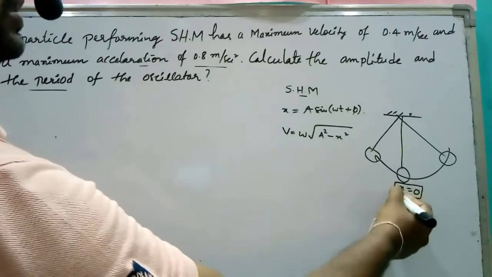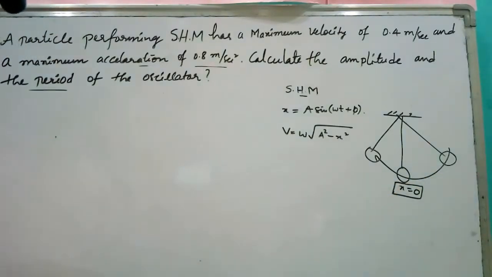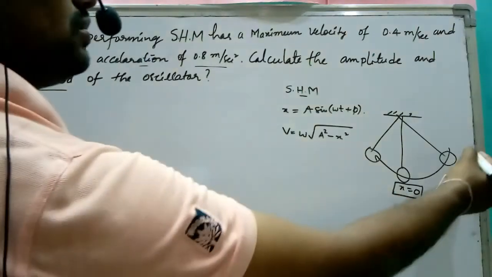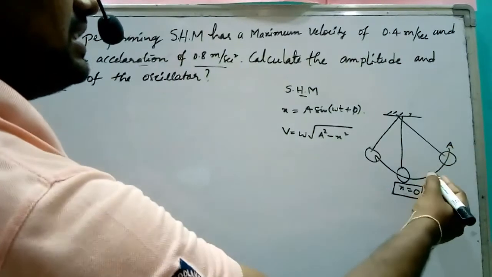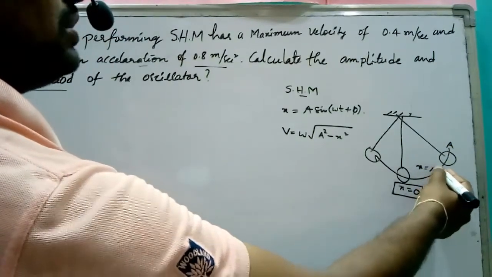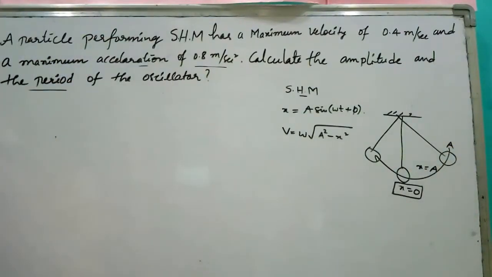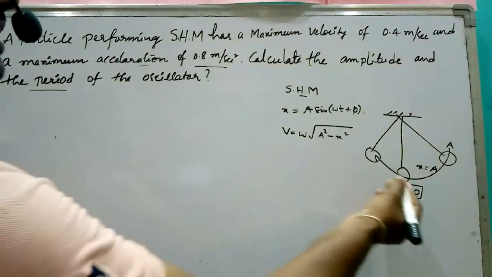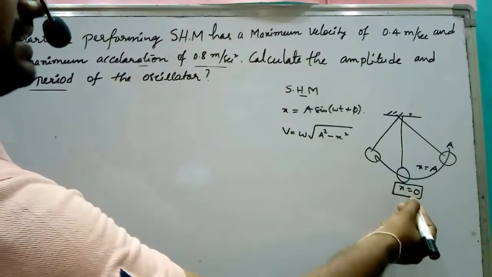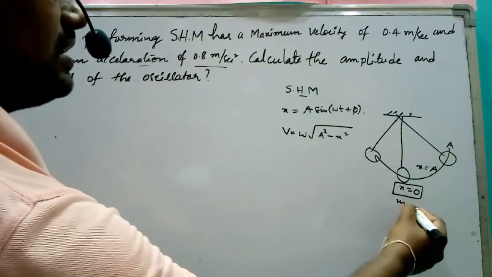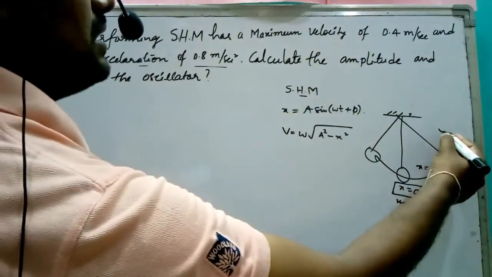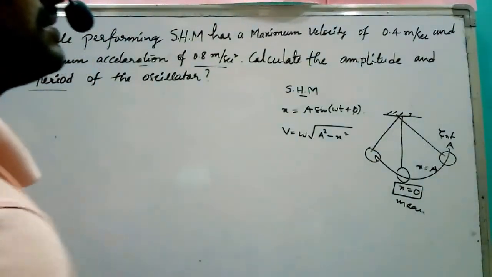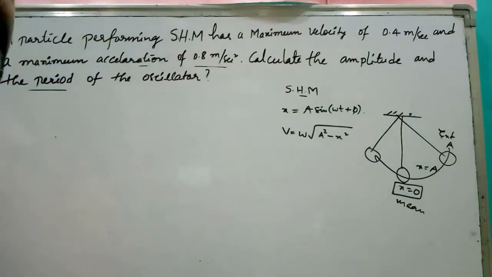When x equal to 0, this position we call the rest position or mean position of the oscillator. When it reaches the extreme position, the displacement should be equal to a. Now we find out the velocity at the mean position and extreme positions.